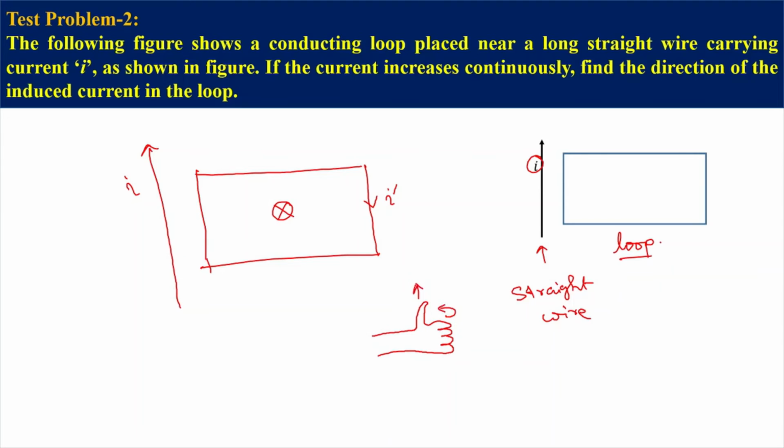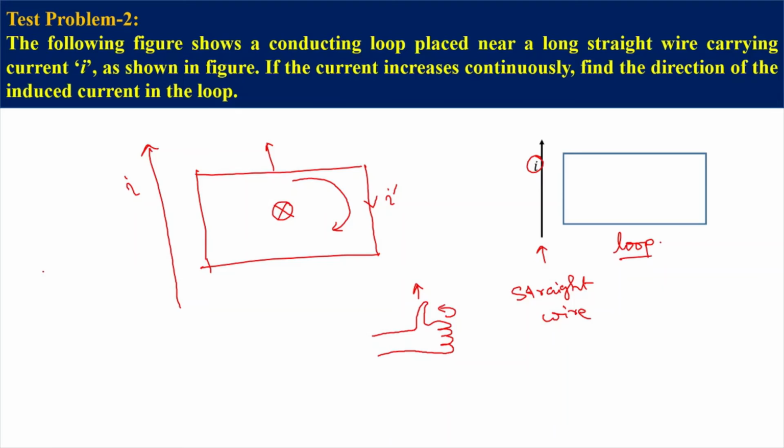That is what is the area. If you close your fingers in this direction, then your thumb will point into the page of the paper. It's not the vertical direction I'm showing, I'm just showing it to be into the page. So that is why this cross symbol is there.